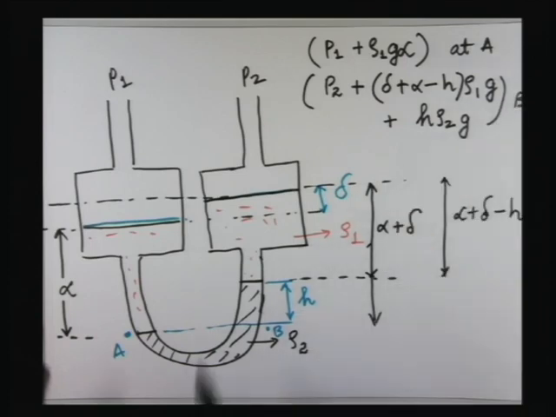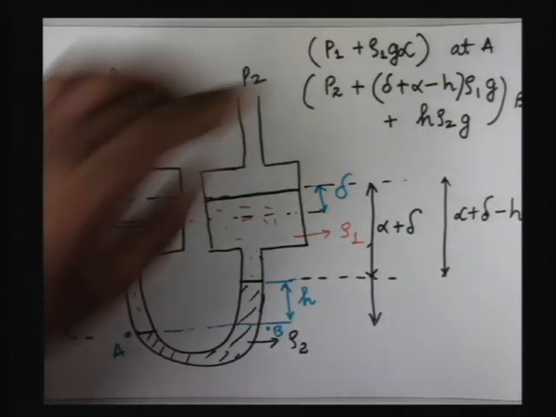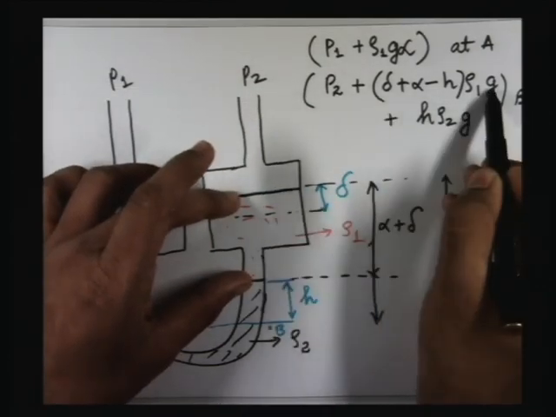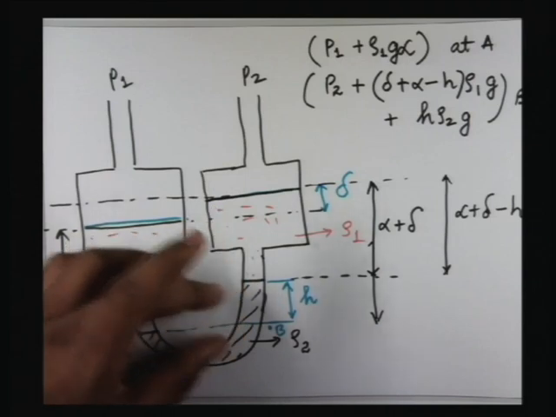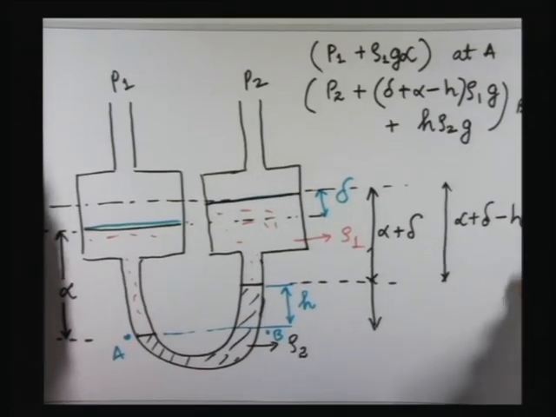Okay, so this will be the pressure at point B because of the contribution from P2, from the liquid of density rho 1, which is this, and the liquid of density rho 2, which is this. Fine.